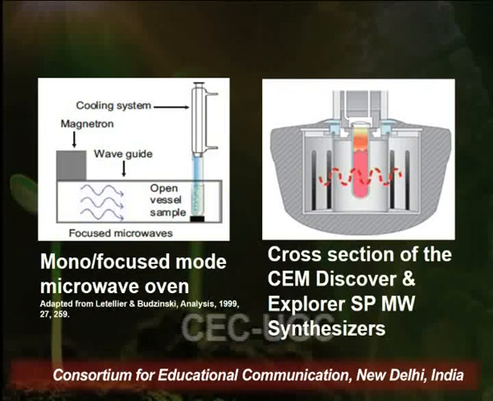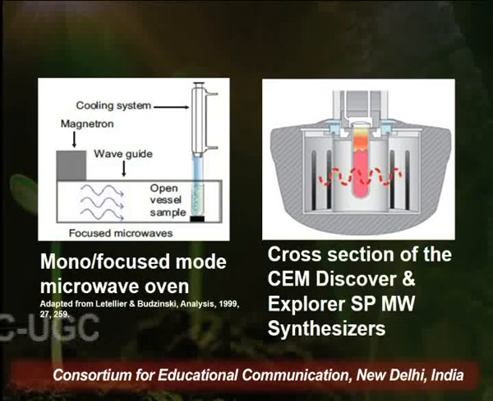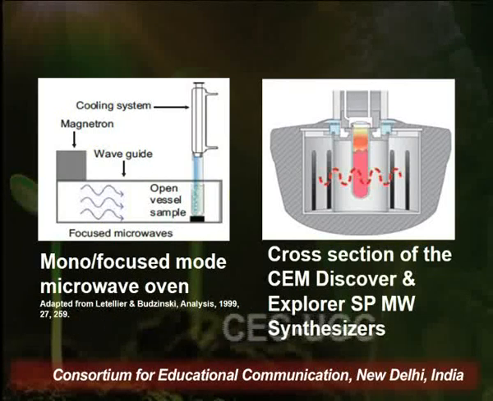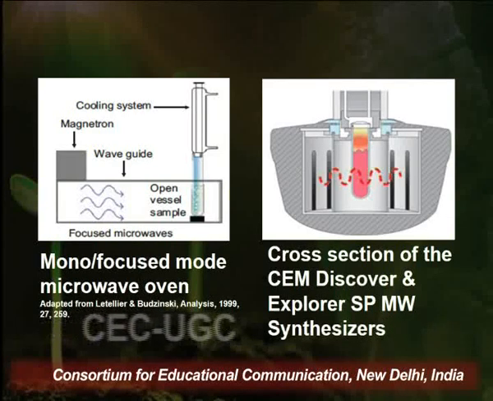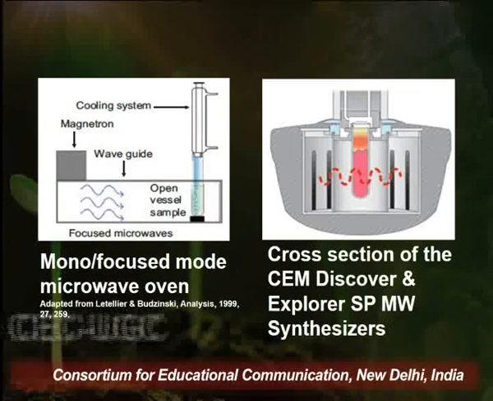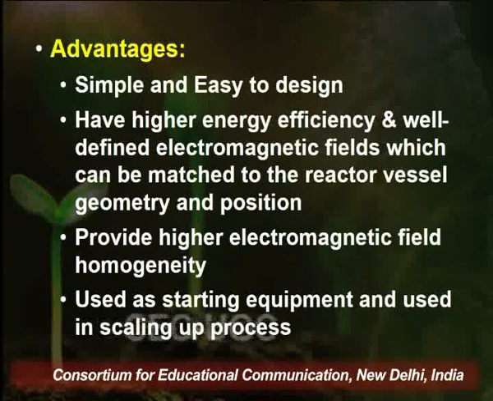The second picture on the right shows the cross-sectional view of the monomode microwave extraction cavity, wherein the sample is placed in a vial, a red colored vial, and on both sides are the microwave guides which guide the microwaves onto the vessel. So this is the simplest example of a monomode cavity, or the focused mode cavity of microwave.